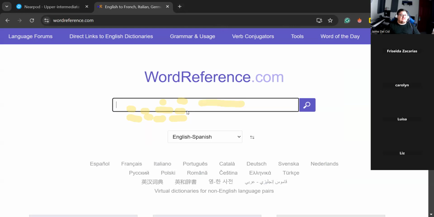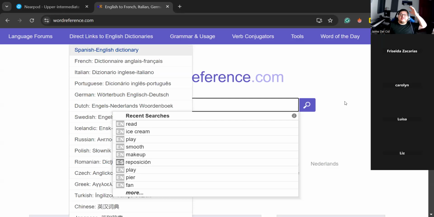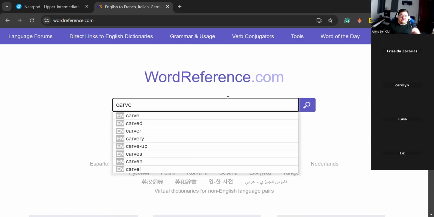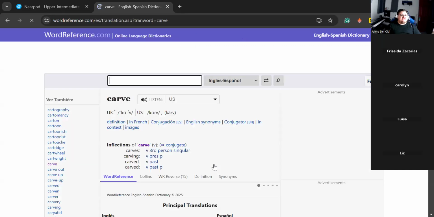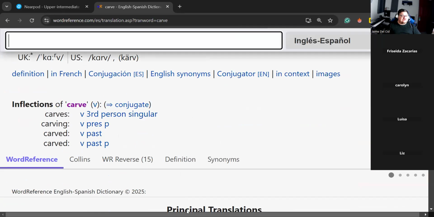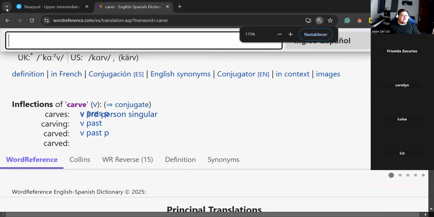That in this case, for example, we were talking a moment ago about the verb carve, right? So I look for the word carve, which is a verb. I look for it, and here I have the conjugations.